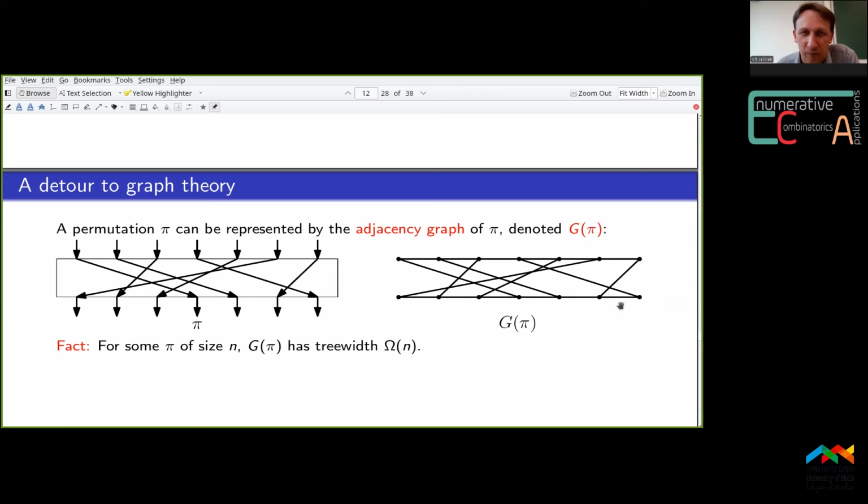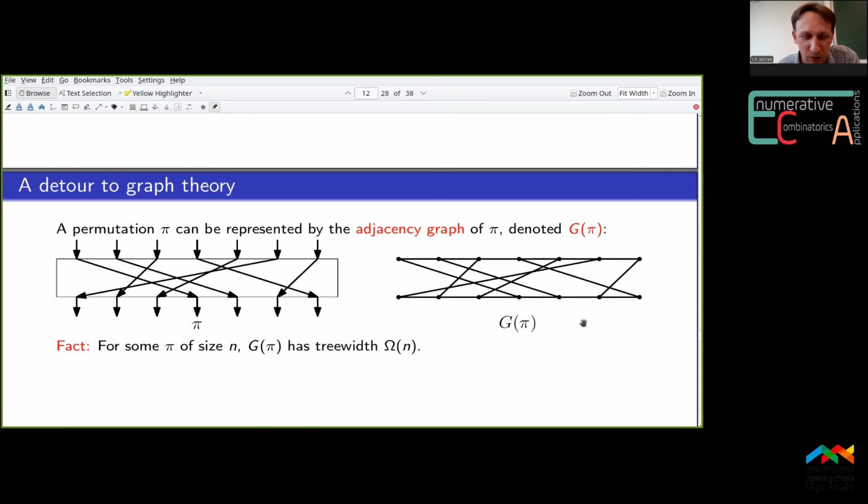For a permutation of size n, this is a graph with 2n vertices, n vertices on top corresponding to the n inputs, n vertices at the bottom corresponding to the n outputs. The top vertices are connected by a monotone left-to-right path, and so are the bottom vertices. And in between, there is a matching which corresponds naturally to these arrows that you see here. So this is an adjacency graph of a permutation.